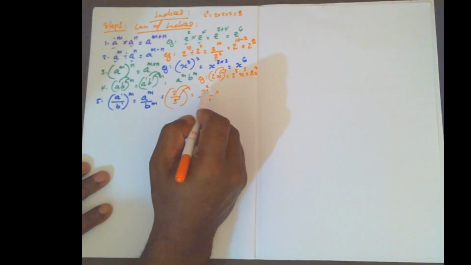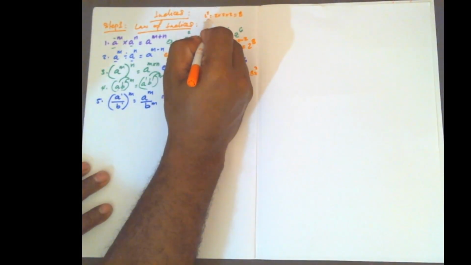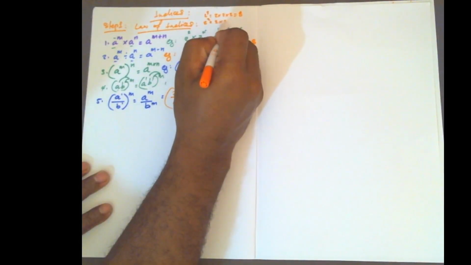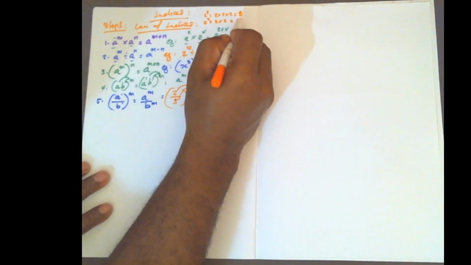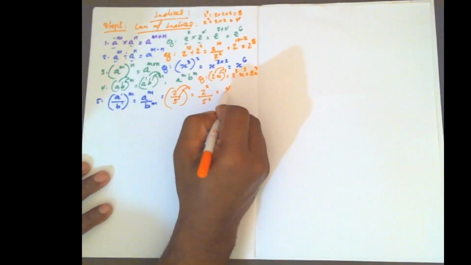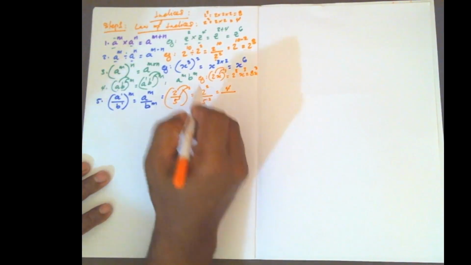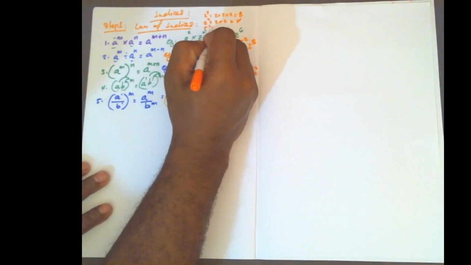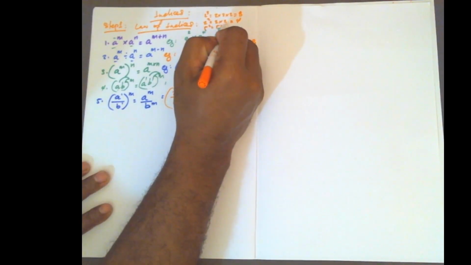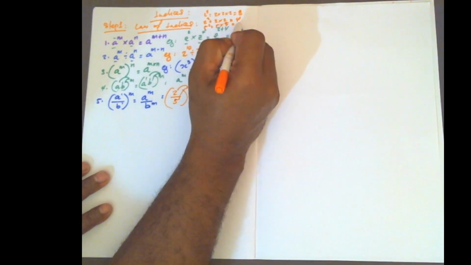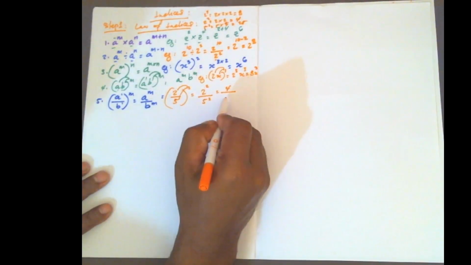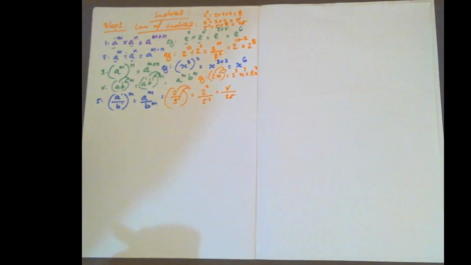And what is 2 to the power of 2? It is the same as 2 times 2, and 2 times 2 is 4. So this is 4 over 5 squared. 5 squared is 5 times 5, and 5 times 5 is 25. So this is 4 over 25.